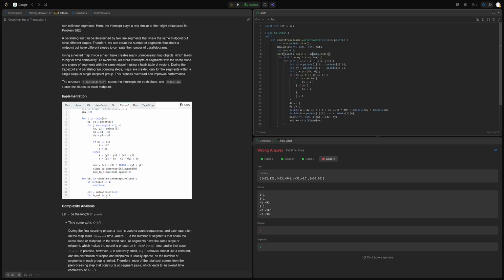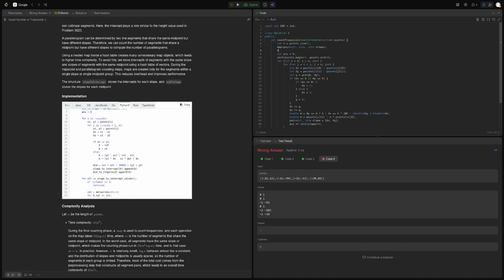And then we should have another map in here for those. Int count. No, that's slopes.